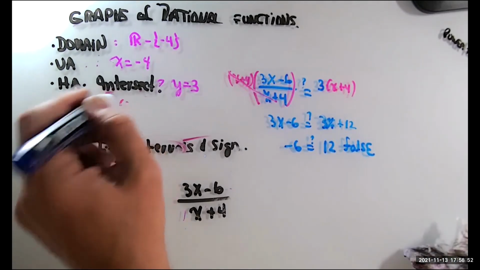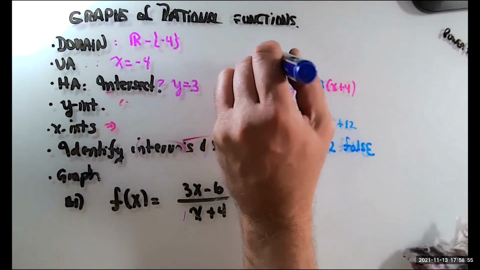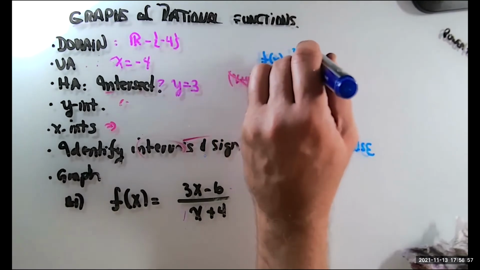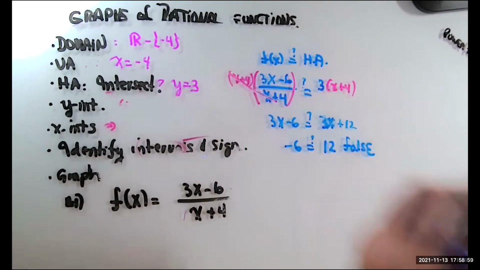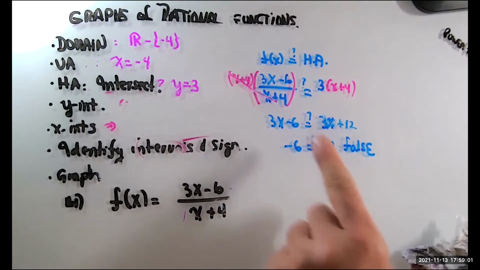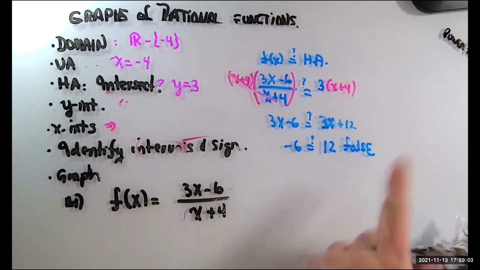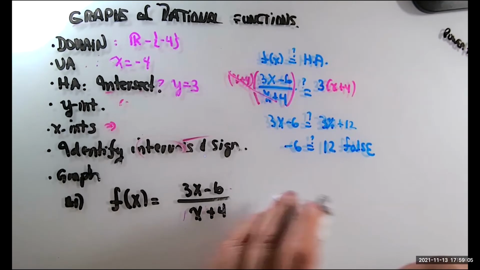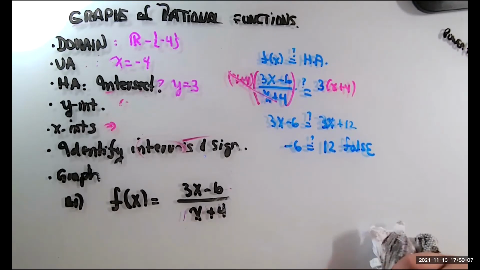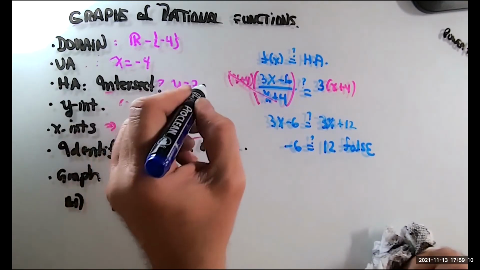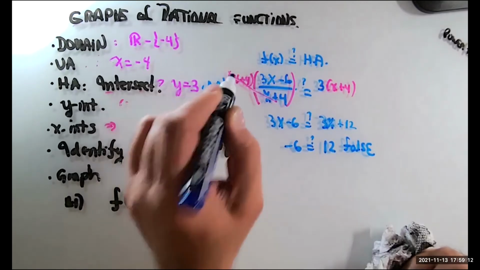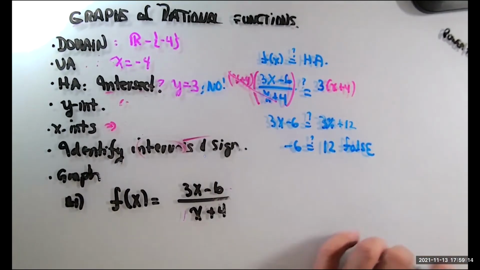Always, how do I answer this question? Is f of x equal to the HA? In this case, we attempted to solve it and we found a fallacy. Therefore, the HA is y equals 3, and no, we do not intersect that HA.